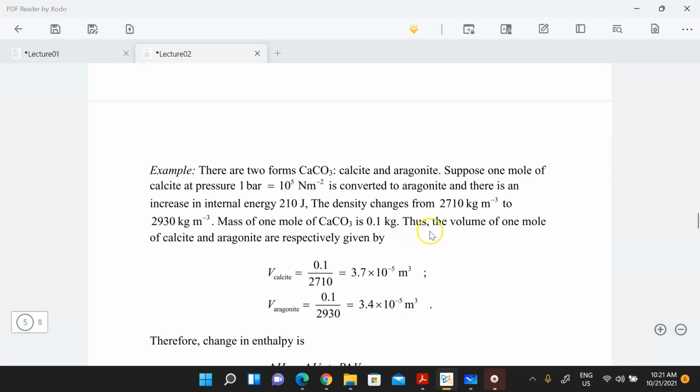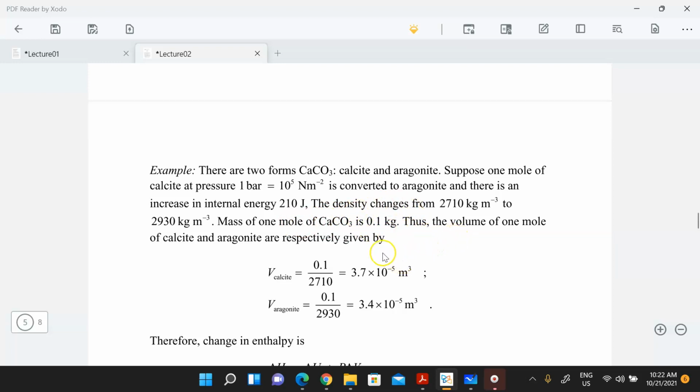Now we want to find the change in enthalpy given this change in internal energy. So we need to find the change in volume. What is given is the change in density, and we know the molar mass of this calcium carbonate.